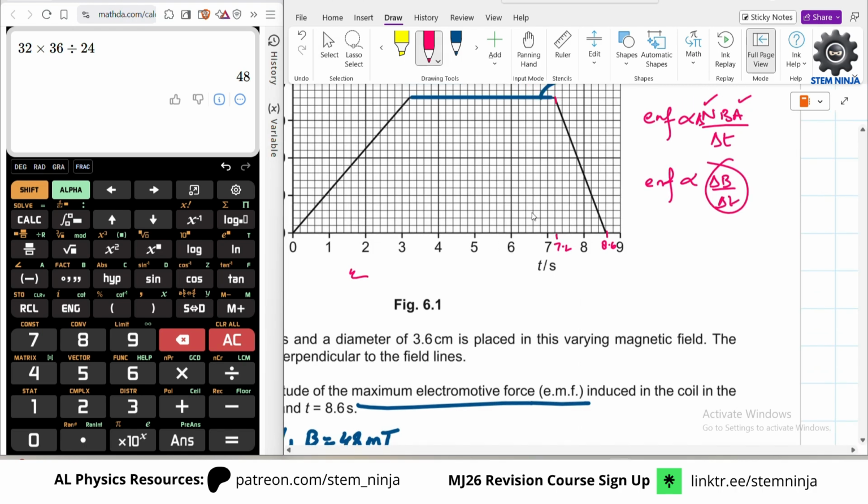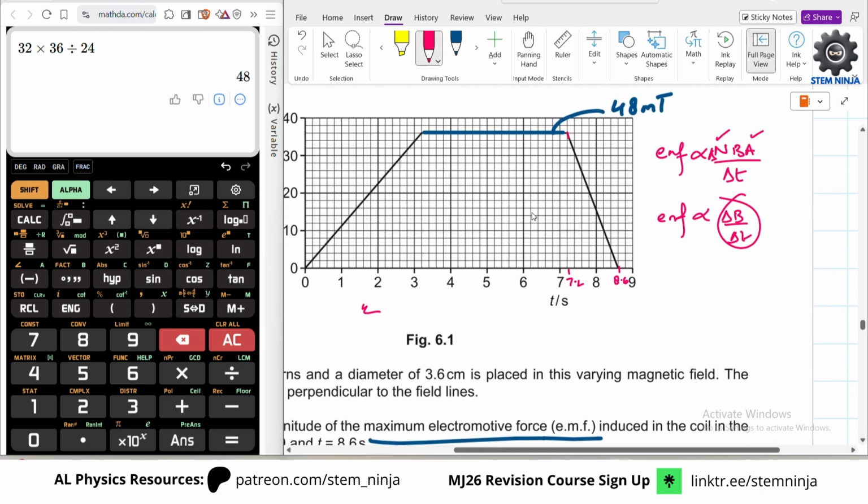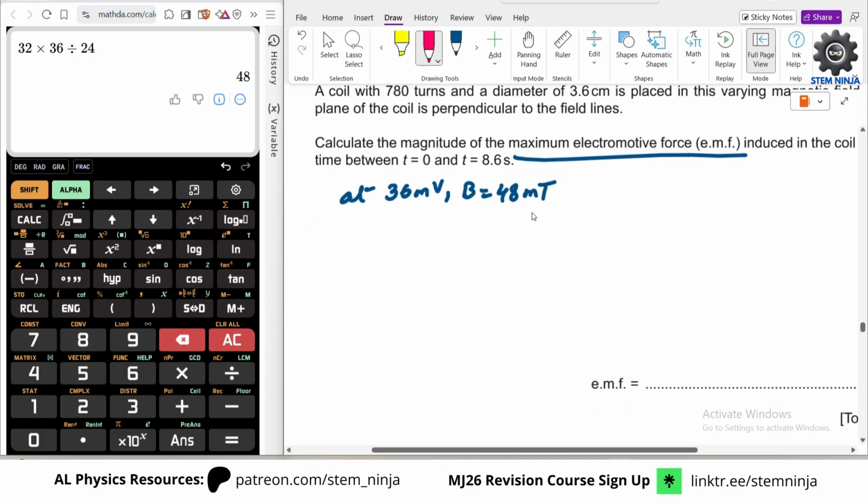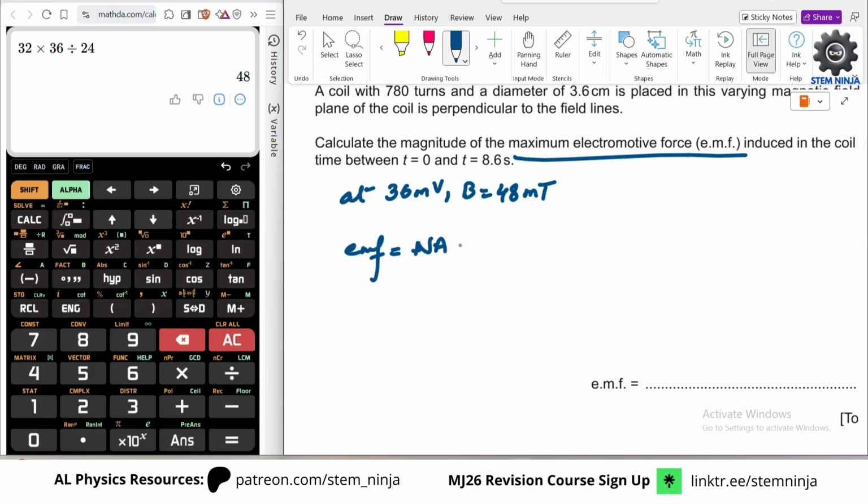Okay, so 8.6 and 7.2, the change is basically this. EMF is equal to N A change in B over change in T, so 780 turns.